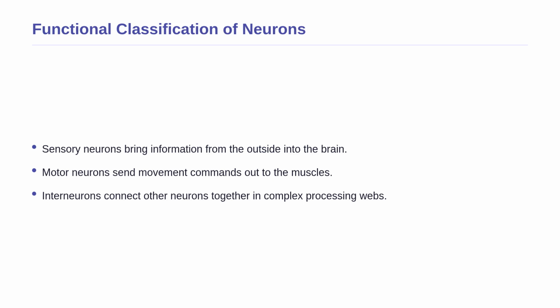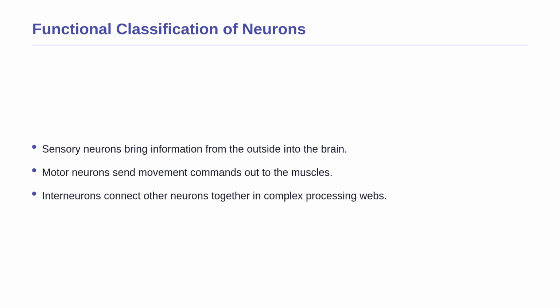Now that we understand why we need to classify neurons, let us look at how we categorize them by their function. Functionally, neurons are divided into three main groups based on the direction of information flow. First, we have sensory neurons, which act like the city's scouts, bringing information from the outside world into the brain.